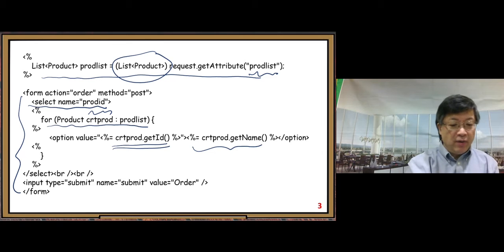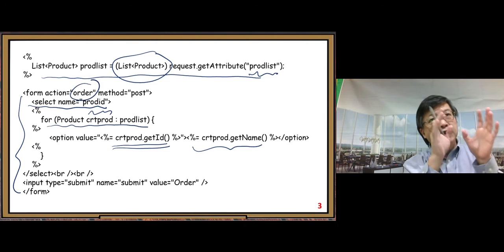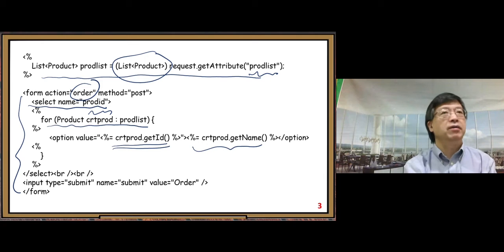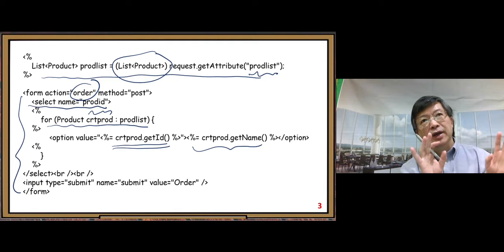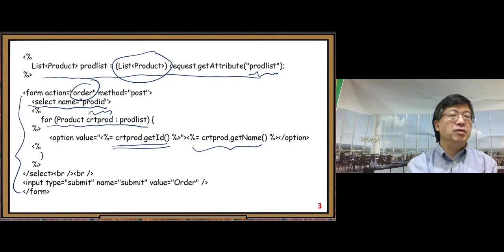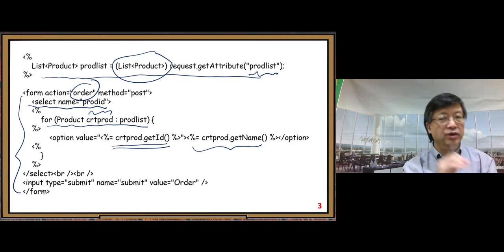In this example, we don't have the order servlet ready yet. It's empty, nothing there. We will do that later, in our next sample project, sample D version. We will do that order part.